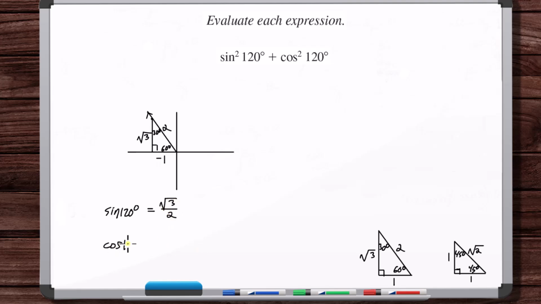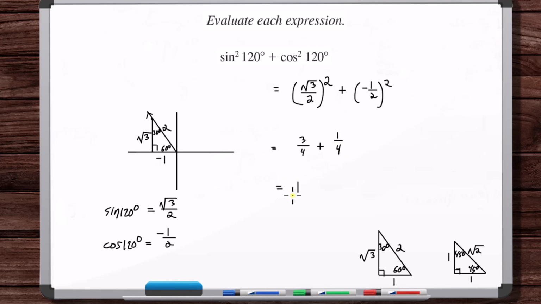Cosine of 120 is adjacent over hypotenuse, that's -1/2. So this is equal to √3 over 2 squared plus -1/2 squared. That's 3 over 4 plus 1 over 4, 4 over 4 is 1.